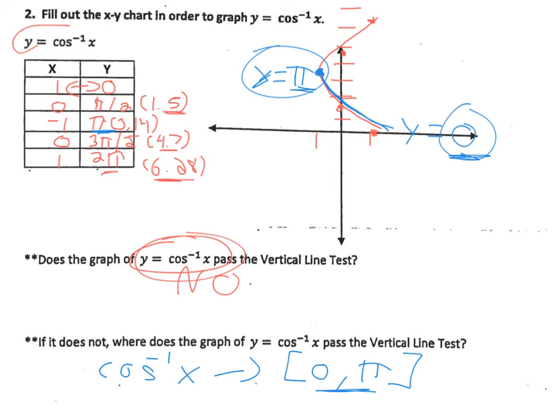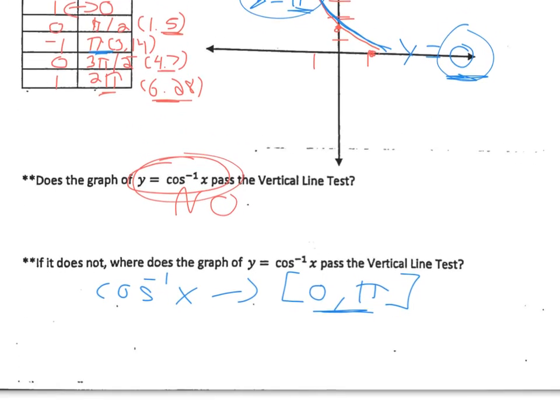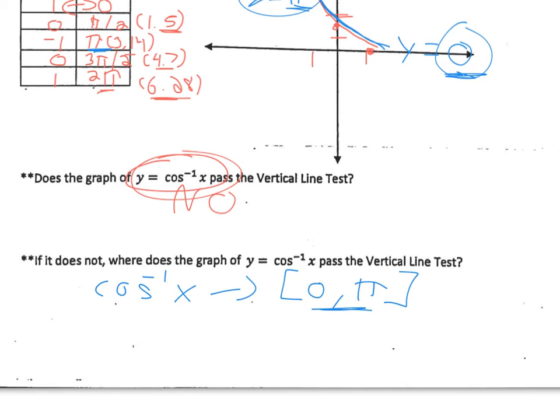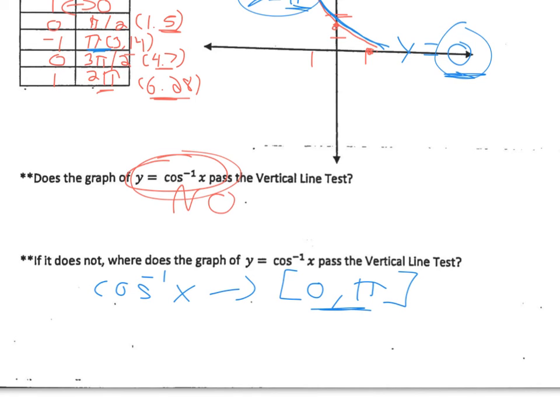Okay? So in the end, the problems you're going to see in the next couple videos are going to be real simple. You just go back to the unit circle, but instead of getting 2 answers, you're only going to get 1 answer.